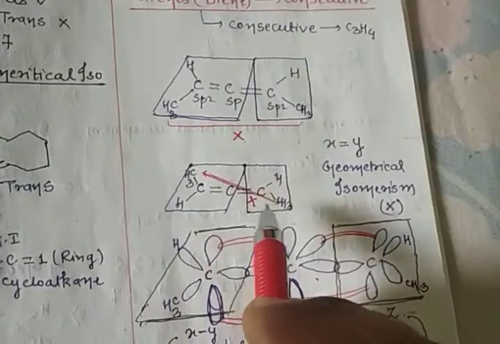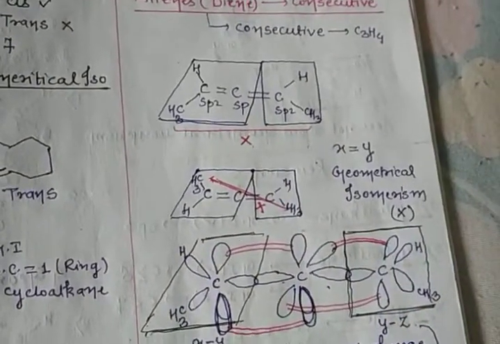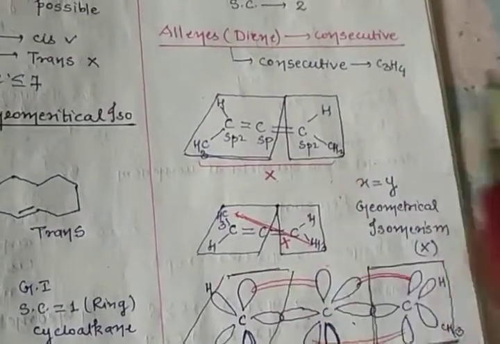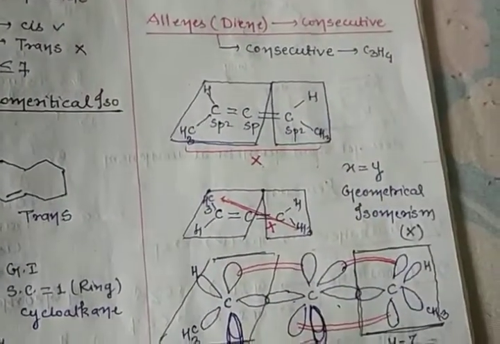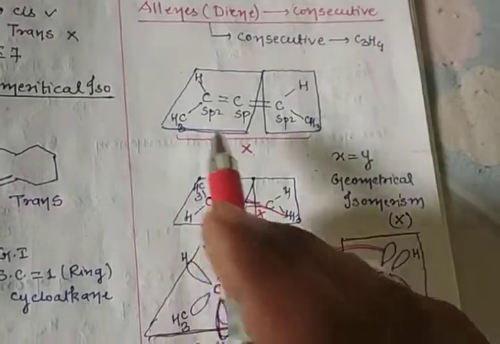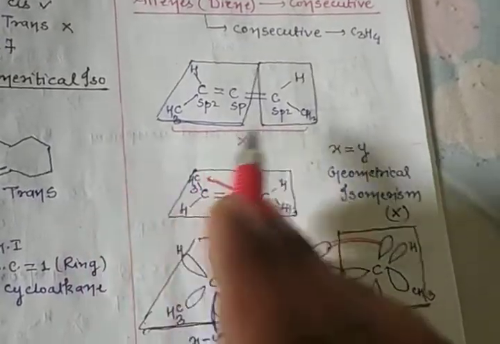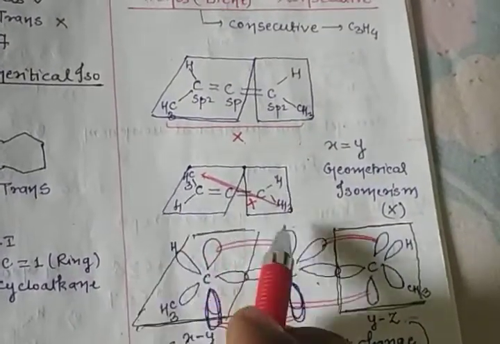So now this is what? This is also X, because there is no distance change. In the case of cycloalkane, there are X and Y distances, but in this case CH3 is in the same direction on the downside, and the top side is also in the same direction.